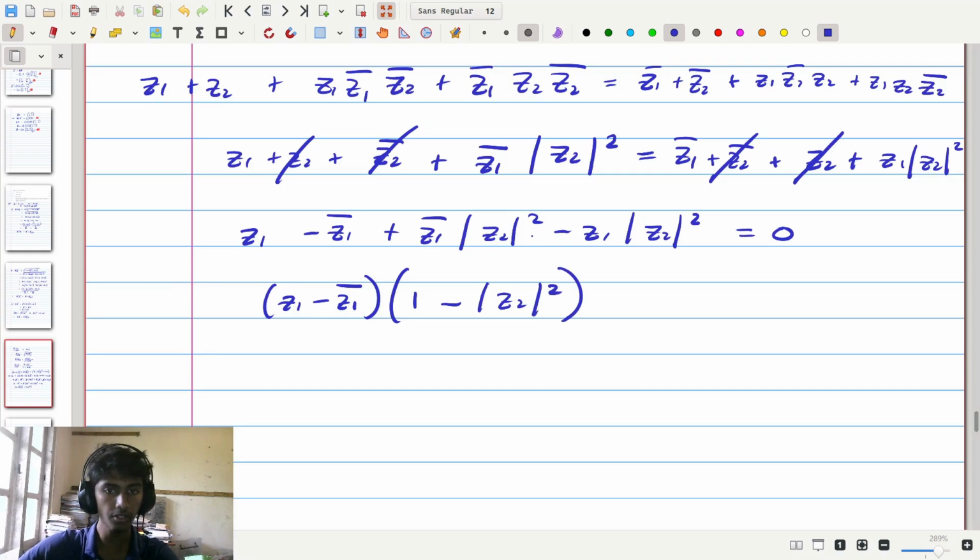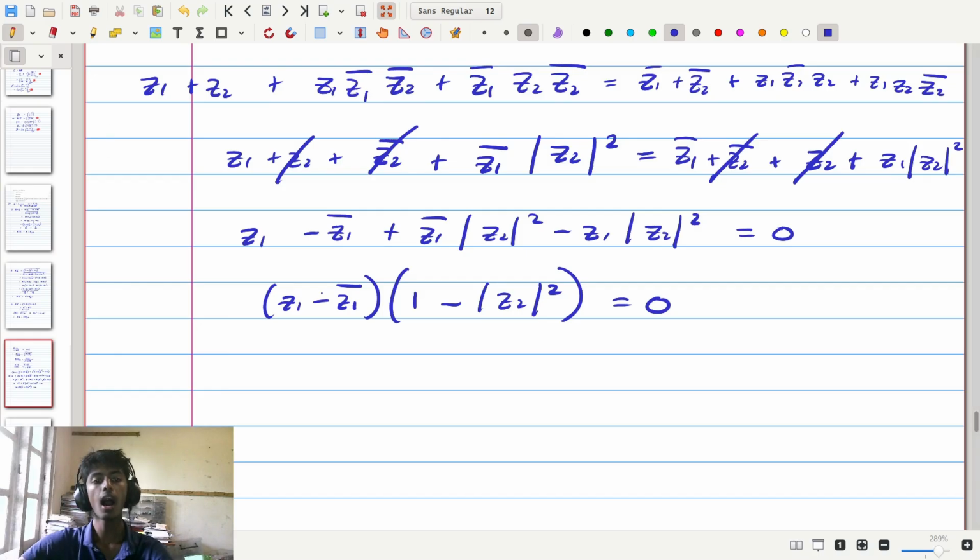Of course, because in order to get Z1 minus Z1 conjugate, we need to apply a minus here to get minus Z1 conjugate for this term, and minus Z1 can be plus Z1 for this term right here. Therefore, if we factor out the Z1 minus Z1 conjugate, we're left with 1 minus the modulus of Z2 squared equal to 0.